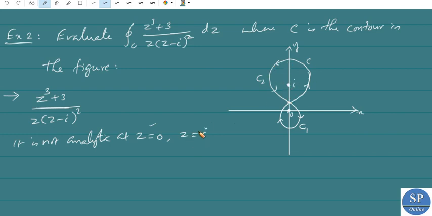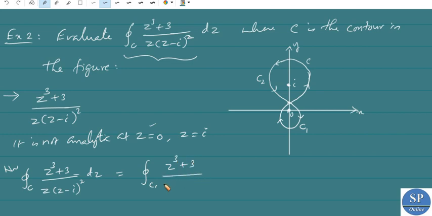Okay, so by using that, we can write the given contour integral: the integral over C of (z cube plus 3) divided by z into (z minus i) whole square dz is equal to the integral over C1 of (z cube plus 3) divided by z into (z minus i) whole square dz, plus the integral over C2 of the same integrand.